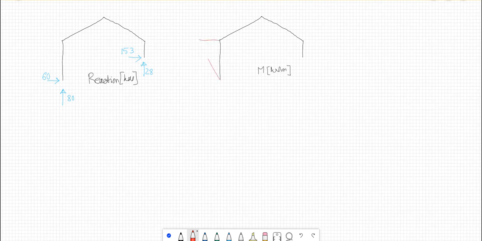We know that we have the 60 and we have a length of 11 meters. So there we have the moment at point B. And based on the theory that the moment is the same at the joint, there will also be 660 there at point B. And similarly, we have the reaction force 153. We have a height of 4 meters. And then we also have the moment there in the moment diagram.